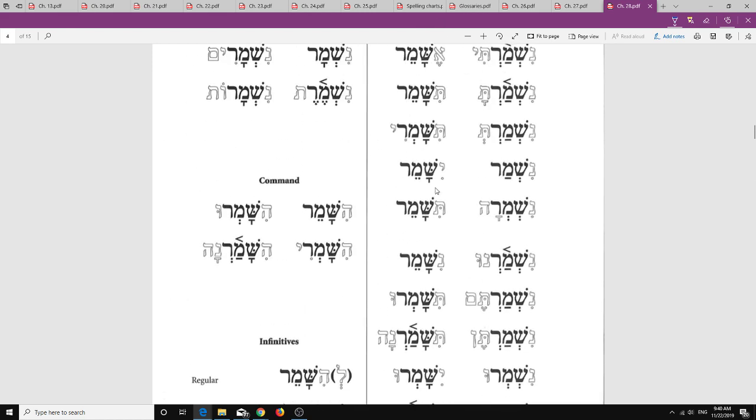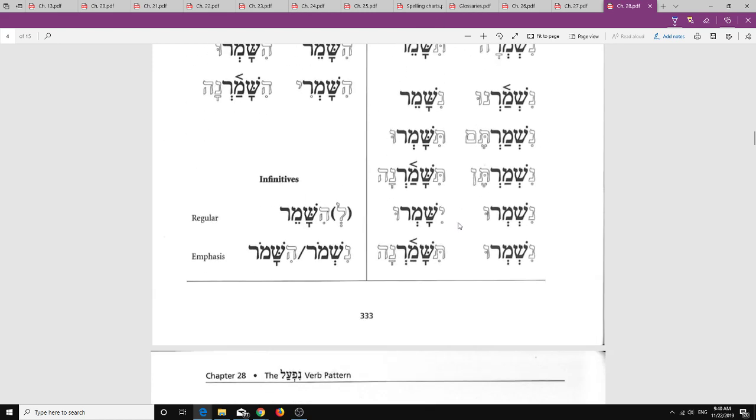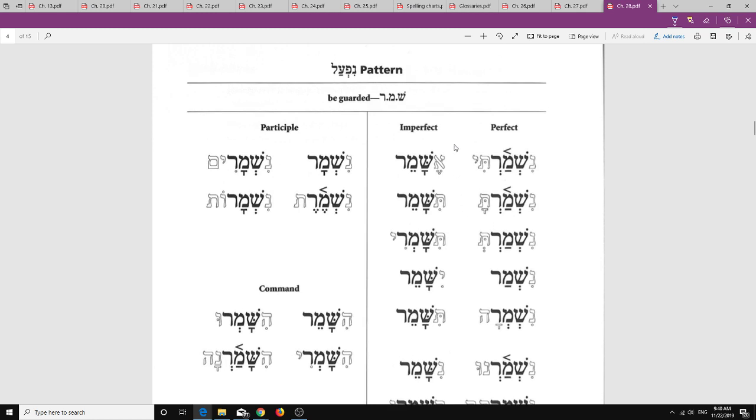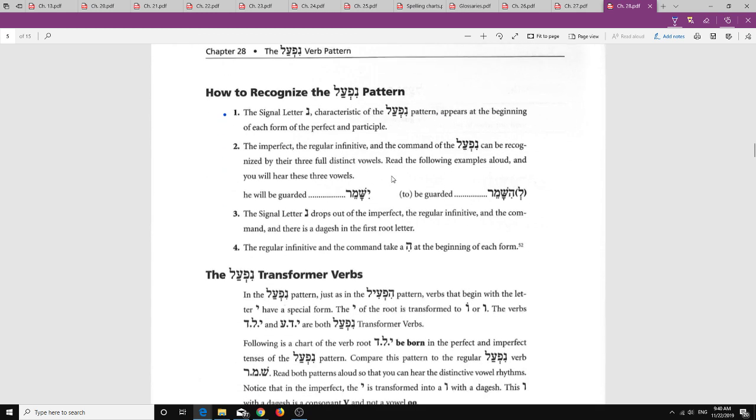Now, it doesn't appear in every form, and we'll talk about that in a second. I think we can expect it wouldn't appear in the imperfect, especially because nun is already a weak letter. Because of that, in the imperfect, the infinitive, and even the command, the niphal is instead recognized by having three full distinct vowels.